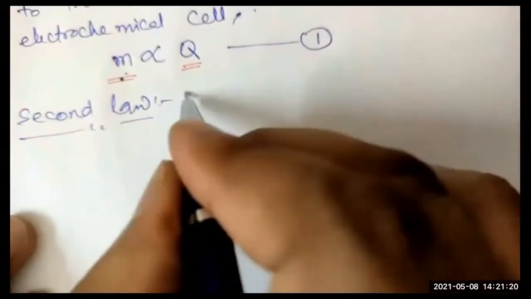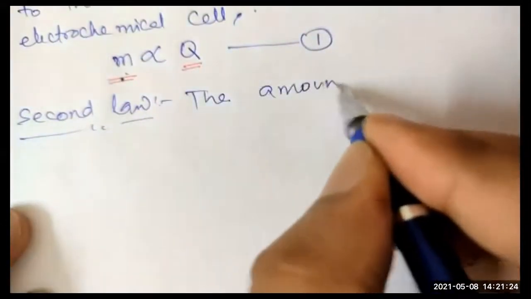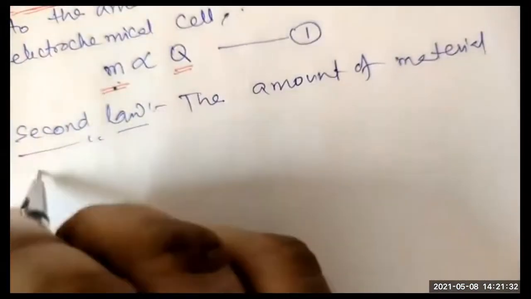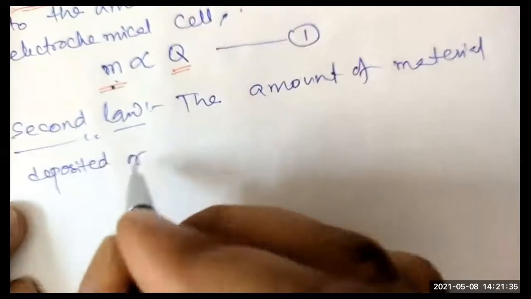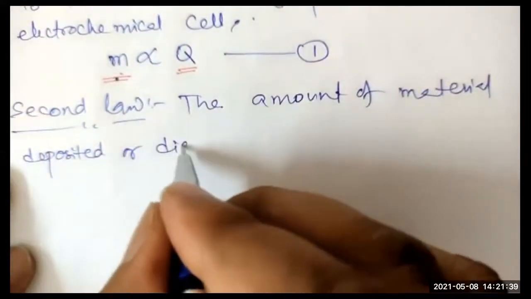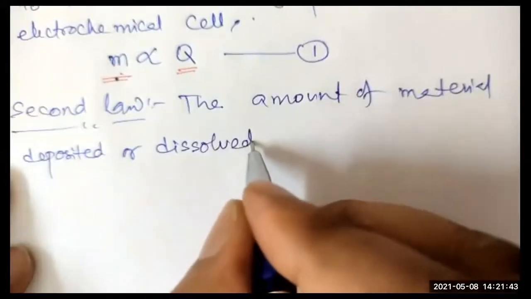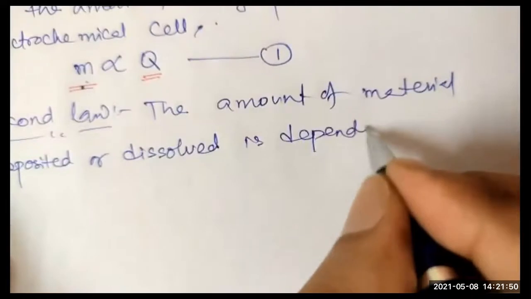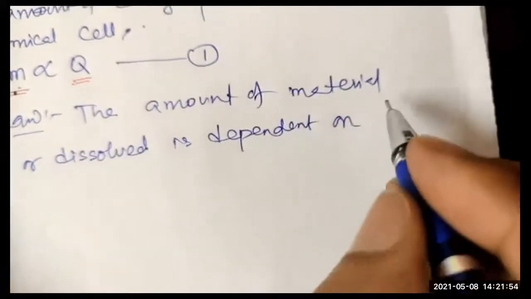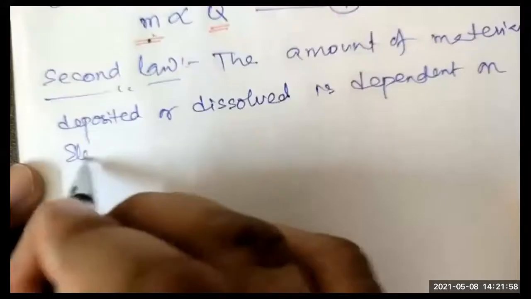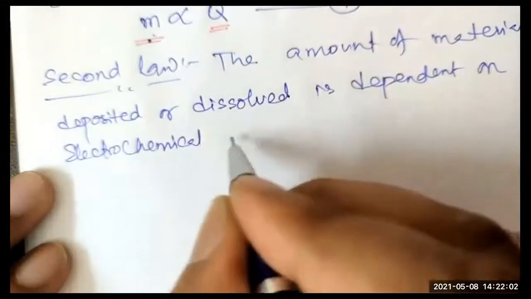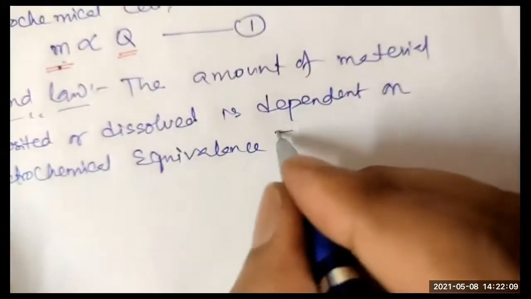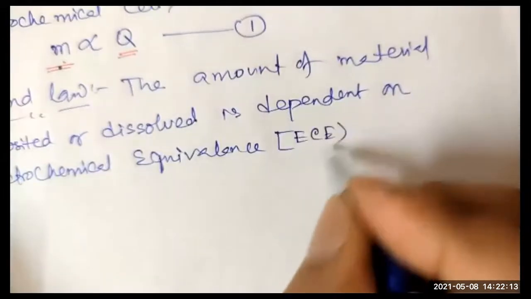So the second law states that the amount of material deposited or dissolved is dependent on electrochemical equivalence, which is represented by ECE.